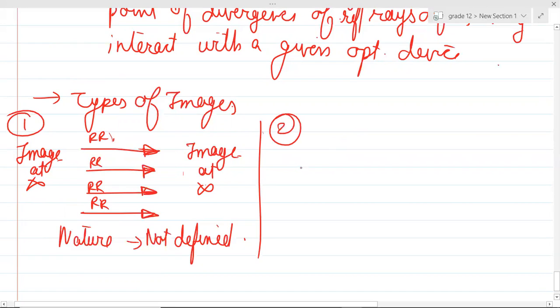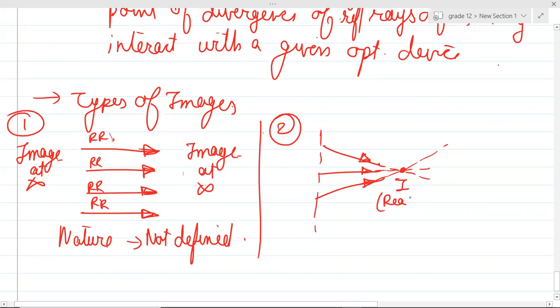Second type of image is basically what? Suppose the optical device is this, and let's say the rays are like this. Can you see all these rays, guys? They are actually going to meet at one particular point, right? So when they actually meet at one particular point, then this image is basically called a real image.